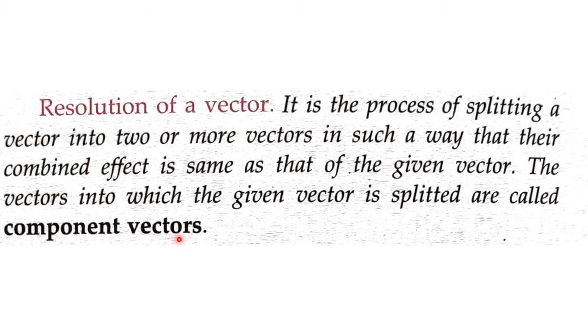Now we have studied, in that case, we had a vector A, we had another vector B, and the resultant, the sum of these two vectors, is this vector. This is the resultant vector.